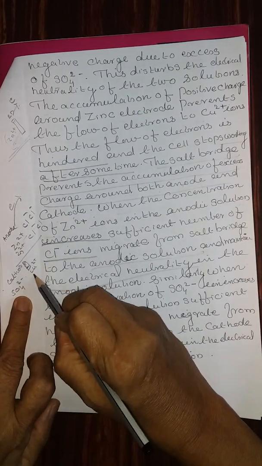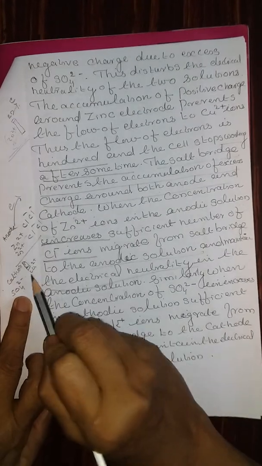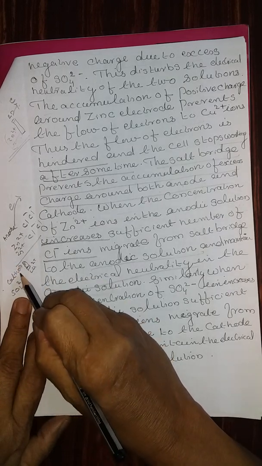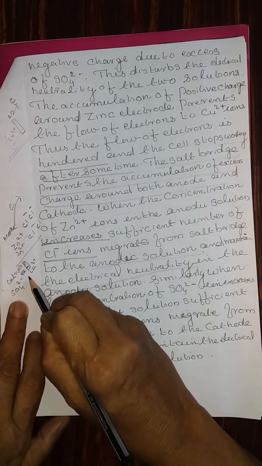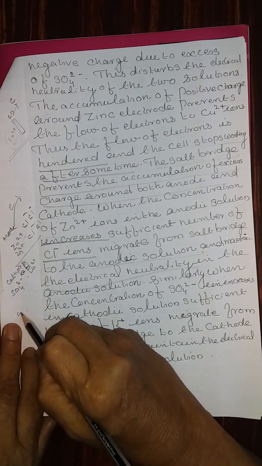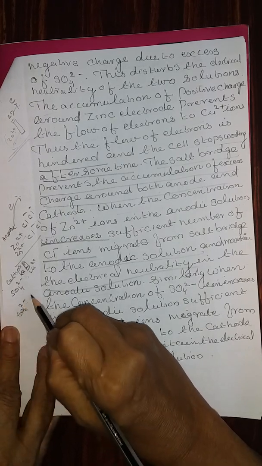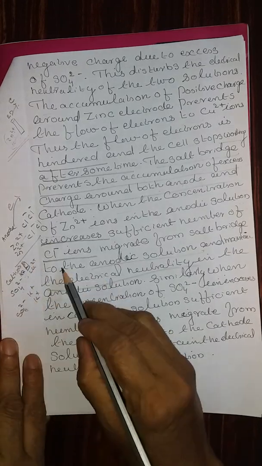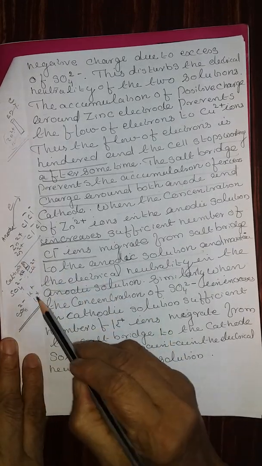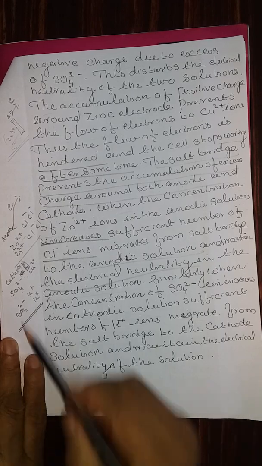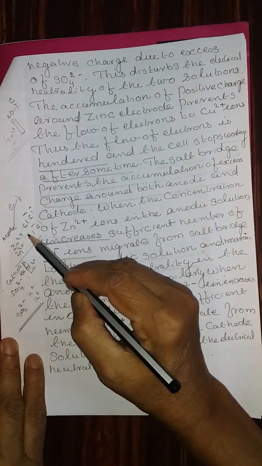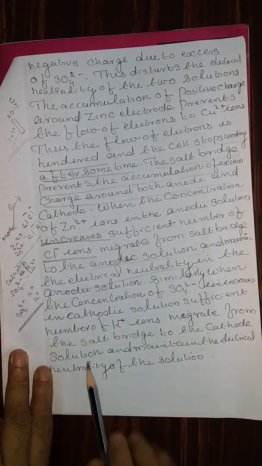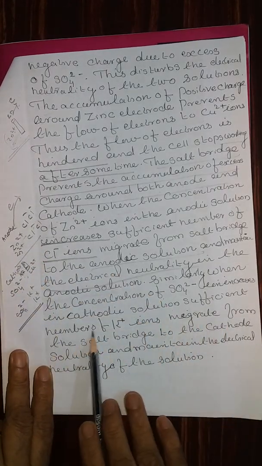Therefore, from the salt bridge, K+ ions will come into the solution, so that for each SO4 2-, 2 K+ ions will come into the solution and maintain electrical neutrality. Therefore, the anode is maintained neutral, and the cathode also maintains neutrality.